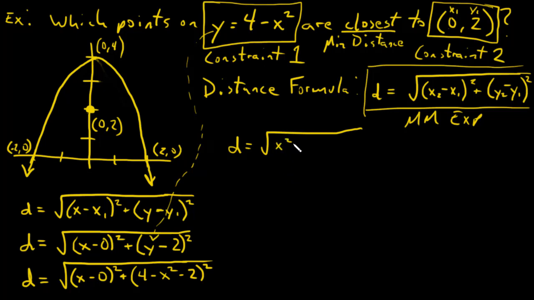So x squared plus, when the dust settles, (2 minus x squared) quantity squared. So distance is going to be the square root of x squared plus, it's going to give me 4 minus 4x squared plus x to the fourth. Okay?